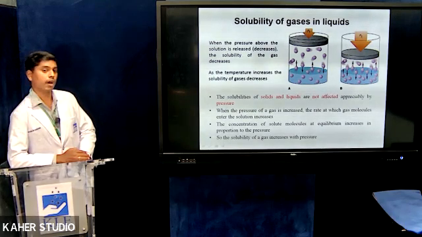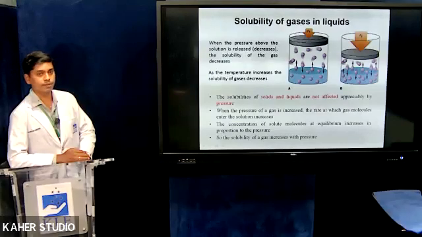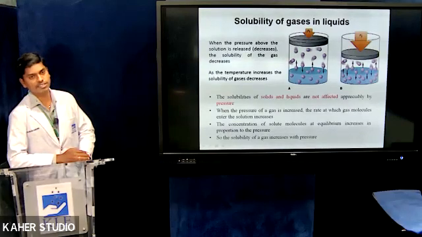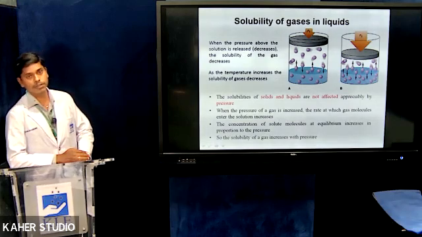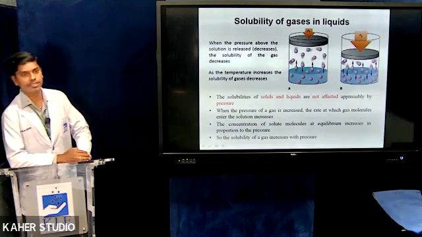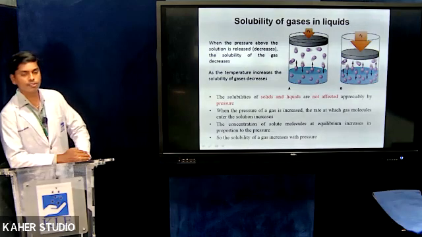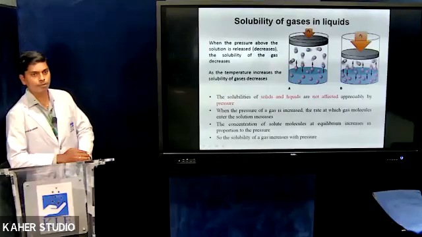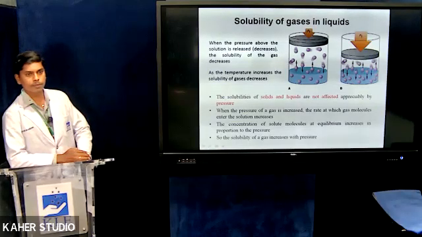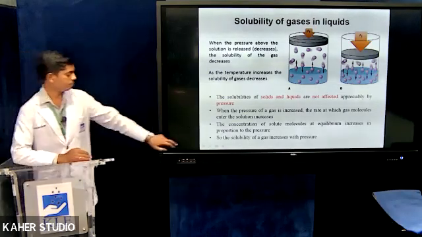It means as the pressure on the surface of the liquid increases, the solubility of the gas in the given liquid also increases. As the pressure is released or decreased, the solubility of the gas molecules in the liquid decreases. So the concentration of the gas molecules at equilibrium increases in proportion to the pressure. The solubility of the gas increases with the pressure.